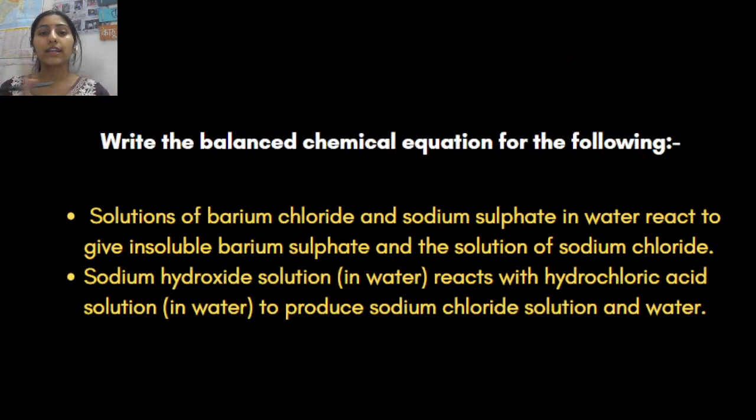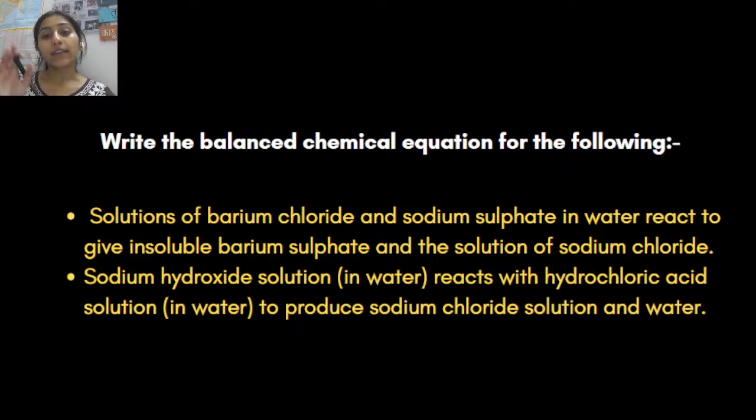Okay, so let's move ahead. Now our task is to write the balanced chemical equations for the following. The solutions of barium chloride and sodium sulfate in water react to give insoluble barium sulfate and a solution of sodium chloride.